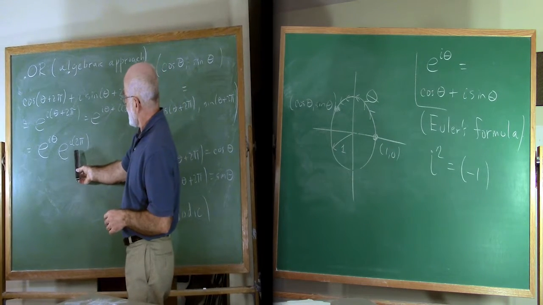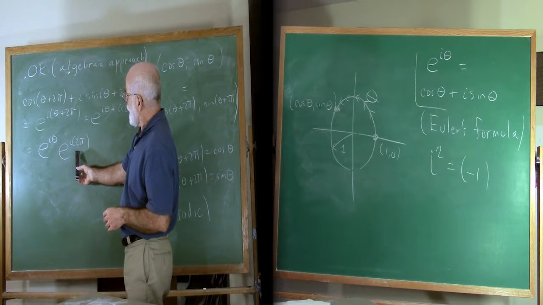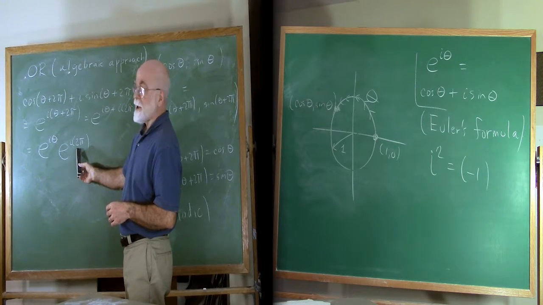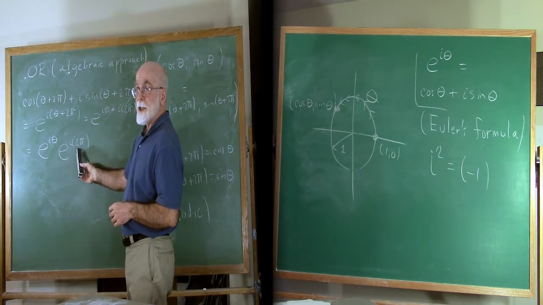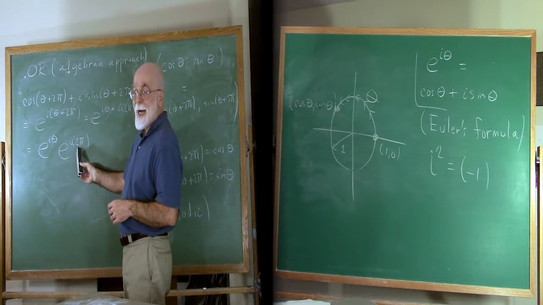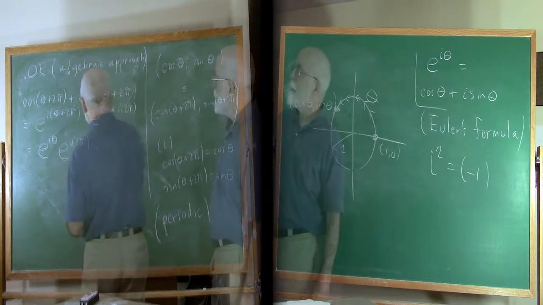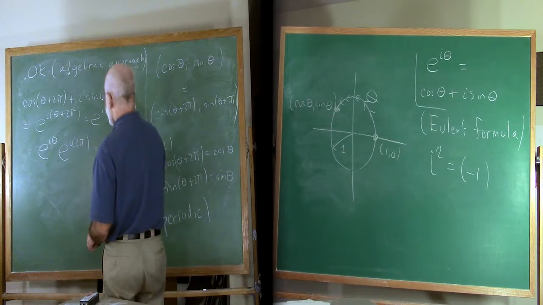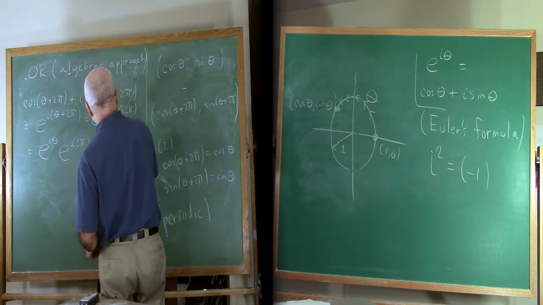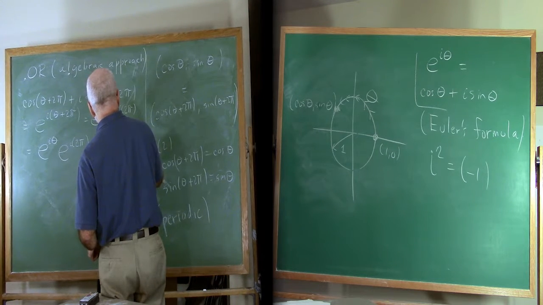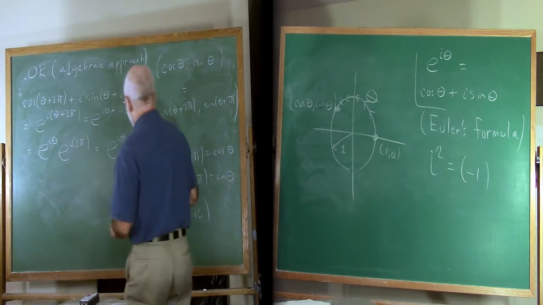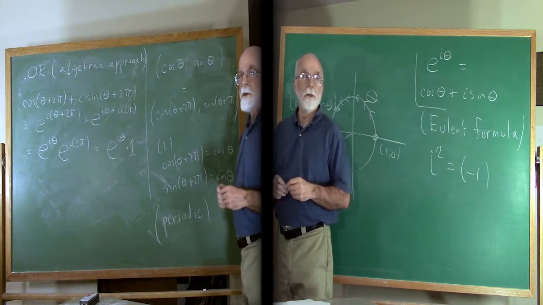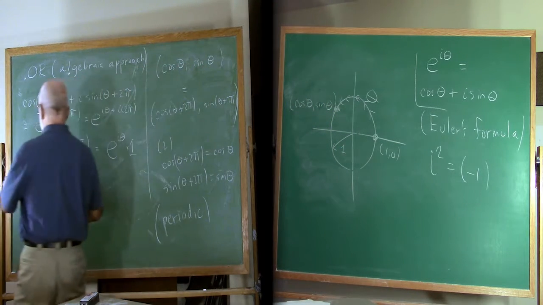Now there's a spot of good news. That's one of the exponentials we actually figured out. It turned out to be the number 1. e to the i 2 pi, that's a number we know. It turned out to be 1. So we're back to e to the i theta.